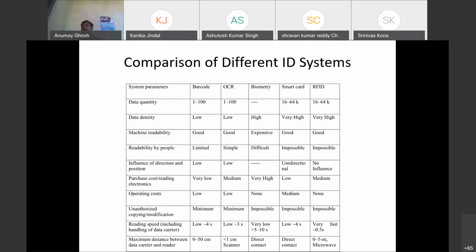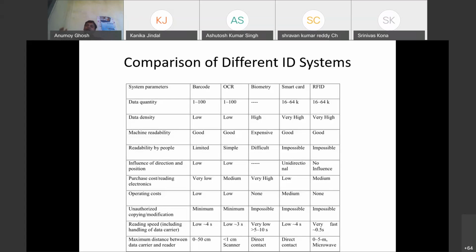For example, suppose there is a speed limit board of 30 km per hour, and there are 5 cars coming over there. Now, if the reader is able to communicate with only one car, then for that one car the speed limit will go down to 30 km per hour. But what will happen to the other cars? For the other cars, it will be higher than 30 km per hour.